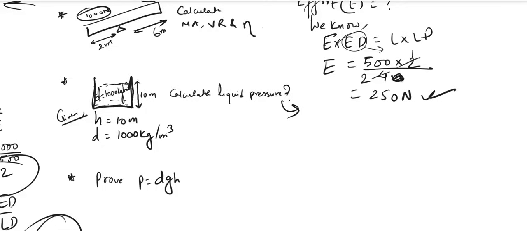Now the constant that we don't know is the acceleration due to gravity, g, which is 9.8 meter per second square.